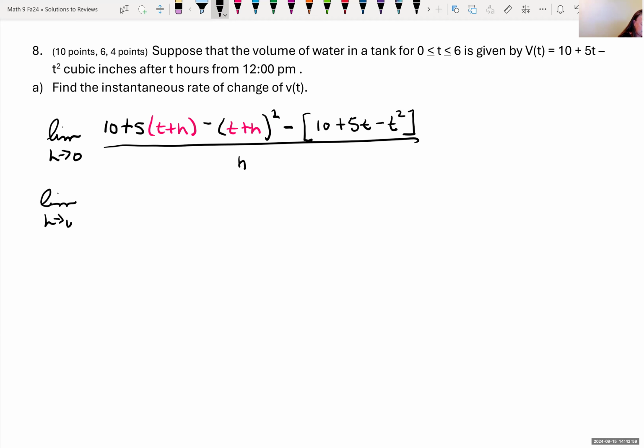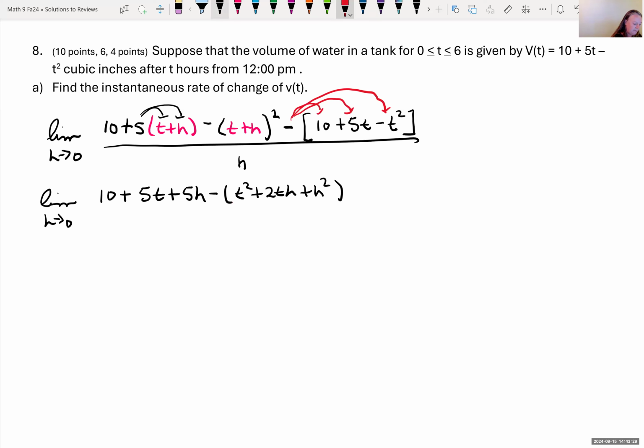So let's expand. We have 10 plus, I have a 5 distributed to the t plus h, which would give me 5t plus 5h, minus, I'm going to expand t plus h times t plus h. Doing that, I would get t squared plus 2th plus h squared. Let's distribute our negative.